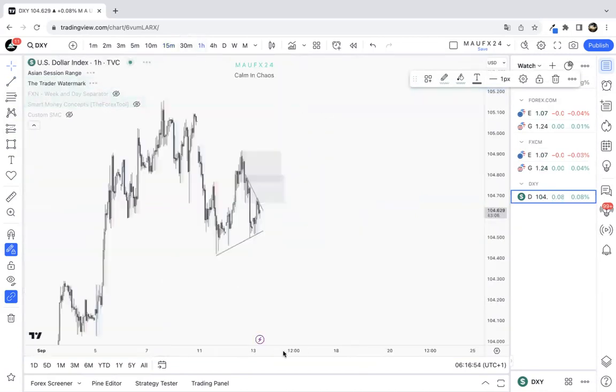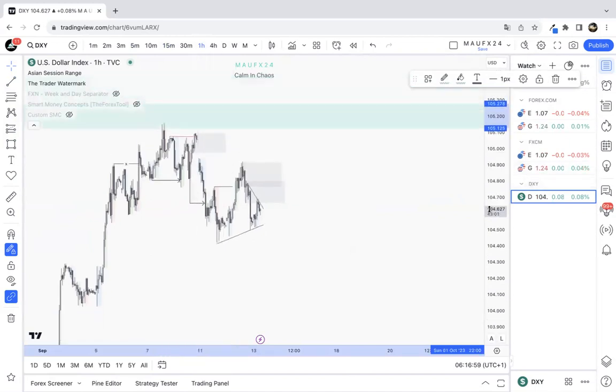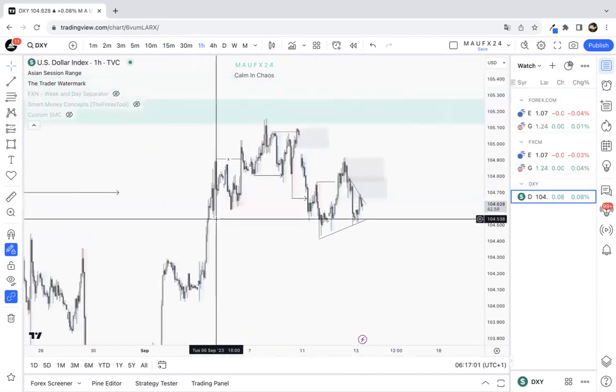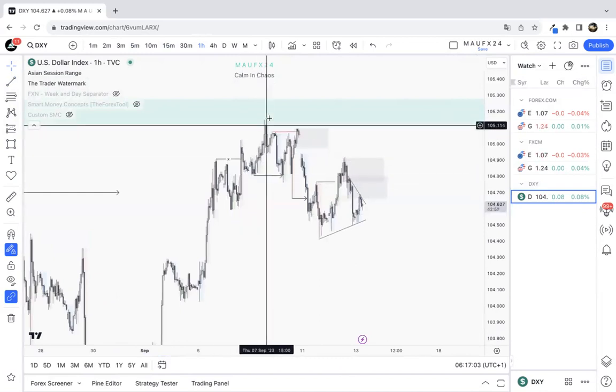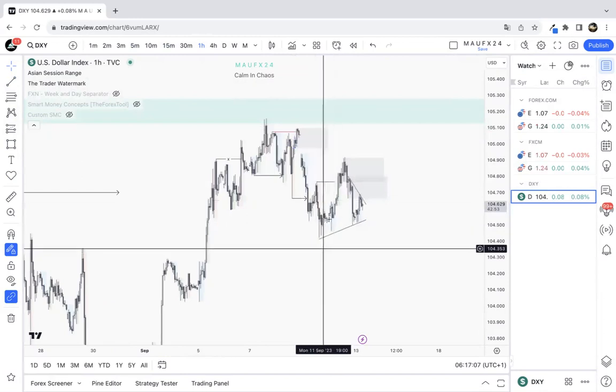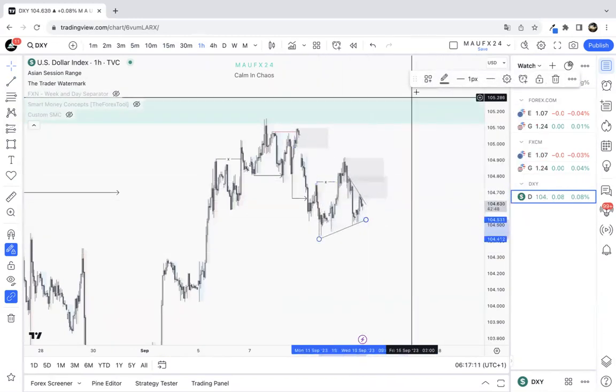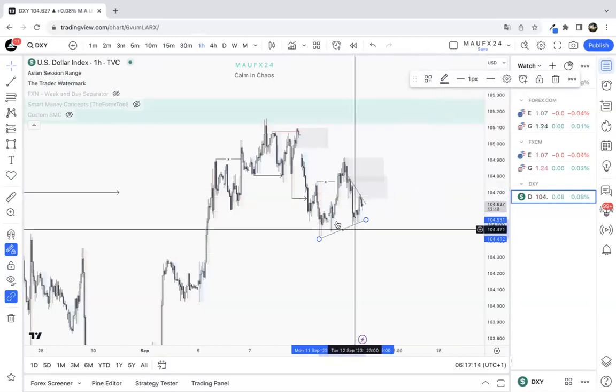It's a bit tricky that we get low, high, bearish break, turned to premium, bearish break again, into a nice liquidity take, and that liquidity building up over here.